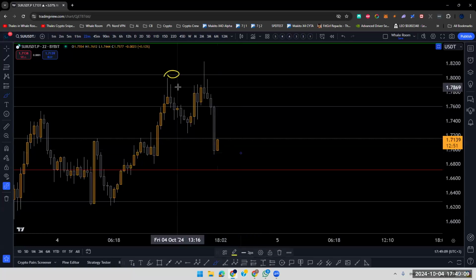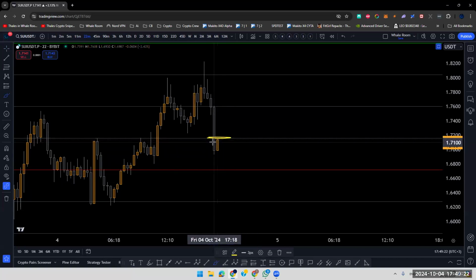If someone took this as a short trade, you need to stop your shorts only when you claim this level. If you see price action coming above and staying above and wanting to continue, then you close that trade.